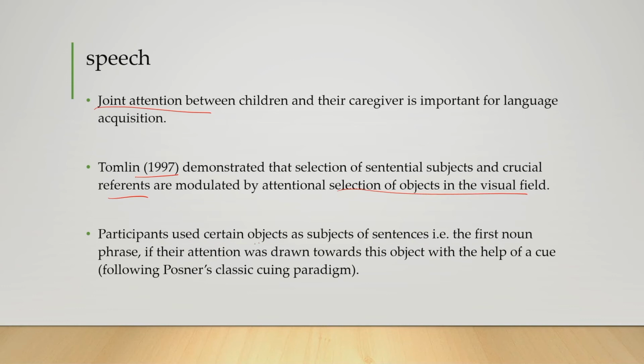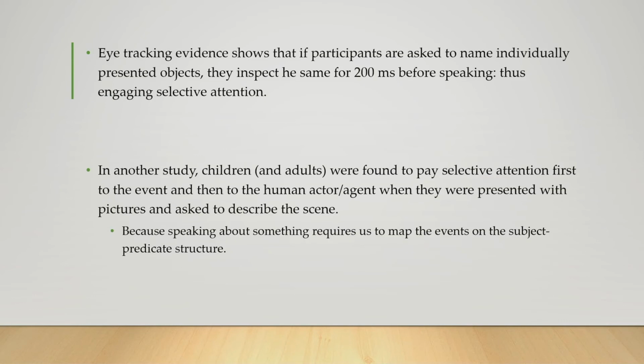Participants used certain objects as subjects of sentences, that is the first noun phrase, if their attention was drawn towards that object with the help of a cue. This is Posner's cueing paradigm. So, the participants were made to look at those objects, and those are the objects they used as subject in the sentence. This is how they showed a connection between attention and sentence generation.